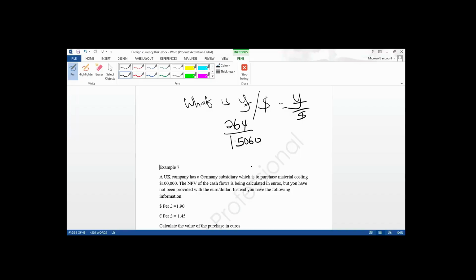264 divided by 1.506. That means I require 175.63 Japanese yen to get $1. 175.3 Japanese yen is needed to buy $1.